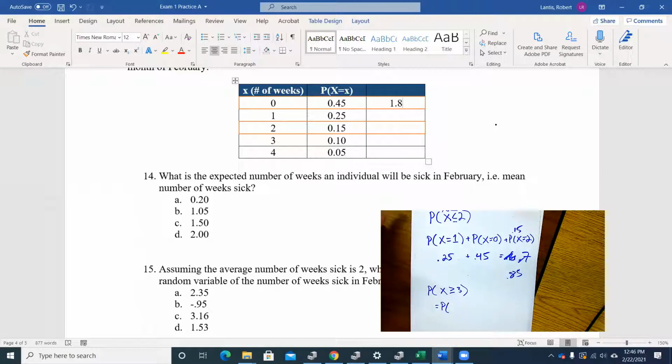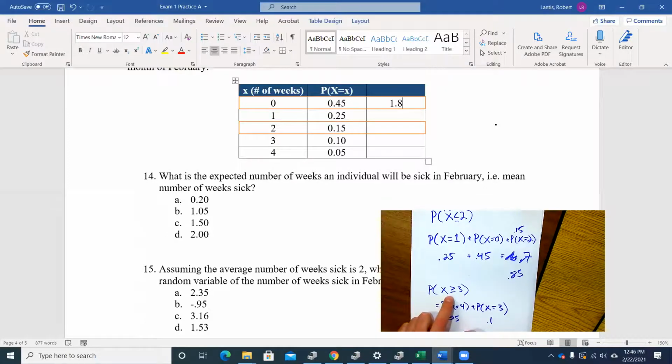So what are the only outcomes that fit that? X is equal to 4 and X could be equal to 3, right? So then 0.04 plus 0.1 from the table. So be careful with that equality, like you fell victim to a little bit, making sure I'm thinking about whether this is greater than or less than that value, okay?